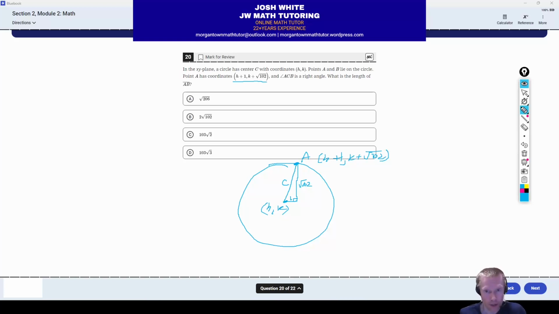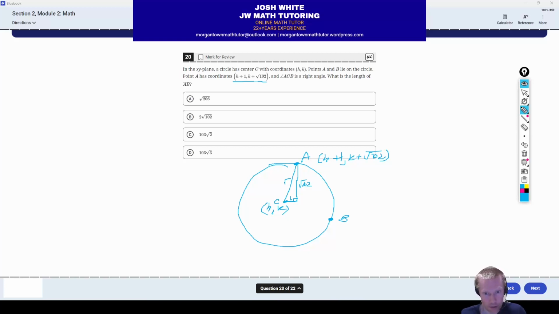Actually, I should not call it C because that is the center, technically point C. So let me instead call this R, radius.